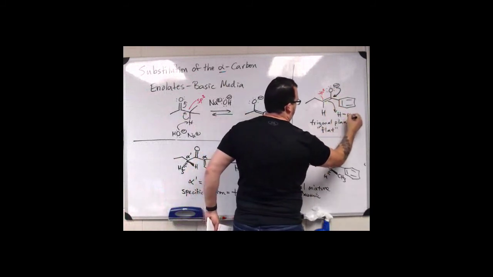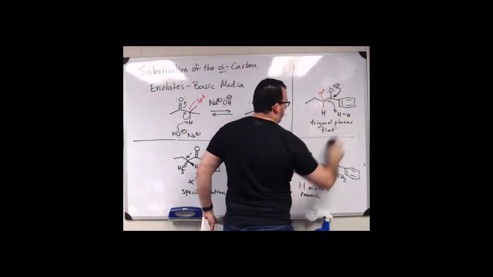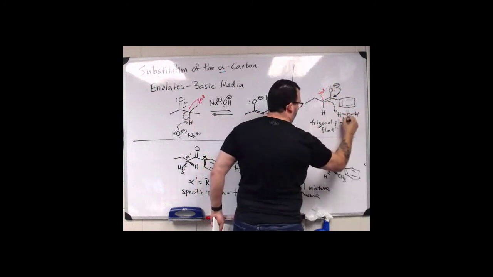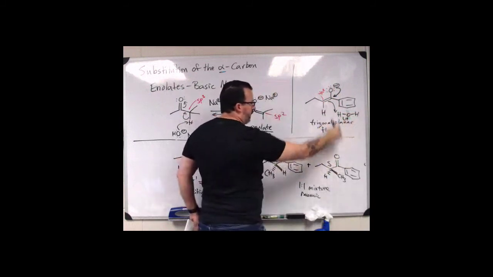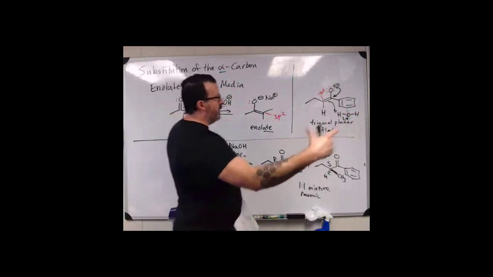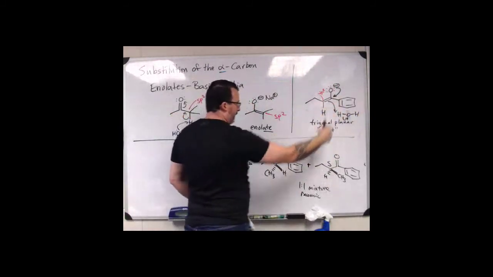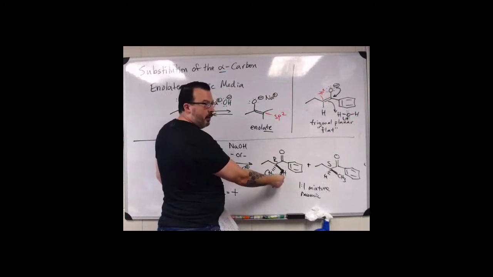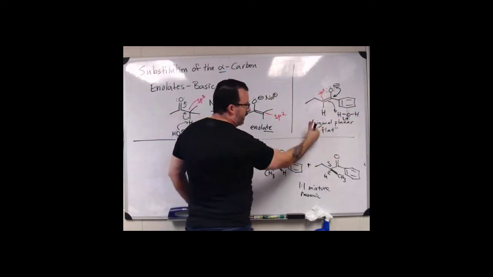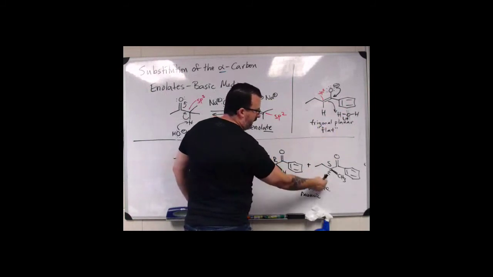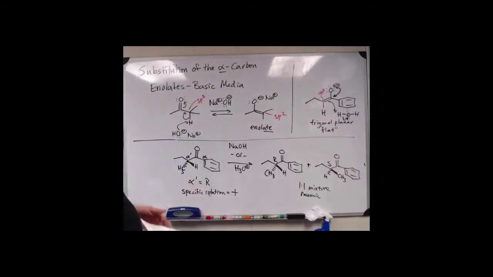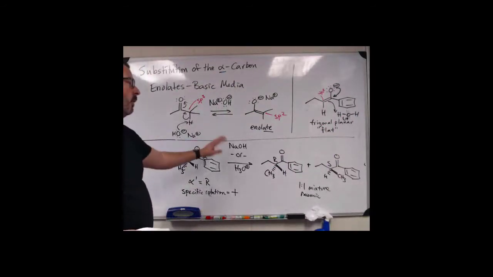Protonate. So to reform either of these, if the water is coming from this face, you would get that stereochemistry. The proton's coming from the front. Water's coming from the back, you would get the S stereochemistry, and both will happen equally. So under these conditions, either basic or acidic, you get racemization at the alpha carbon.